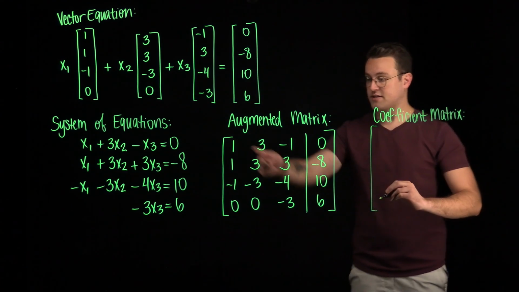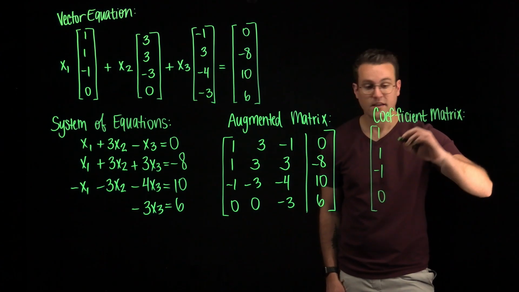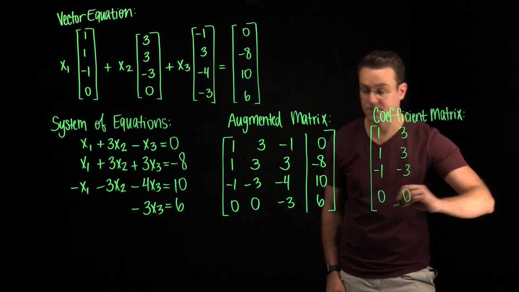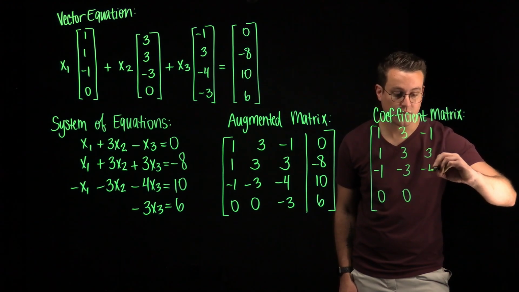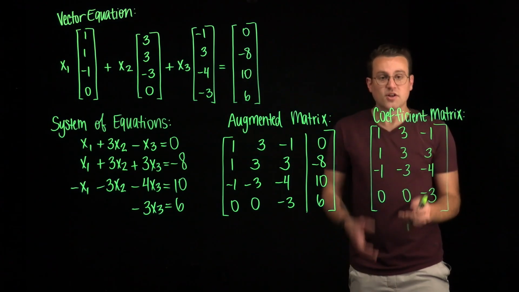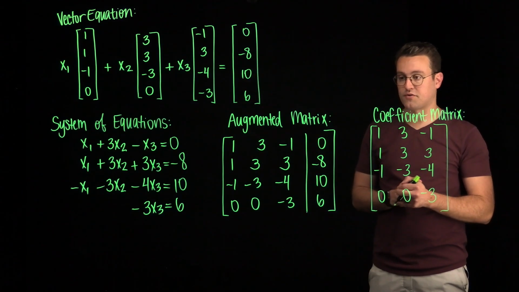So for the coefficient matrix, I would have 1, 1, negative 1, 0, and then 3, 3, negative 3, 0, and then negative 1, 3, negative 4, negative 3. So we lose a little bit of information with our coefficient matrix, but sometimes this will be useful for us.